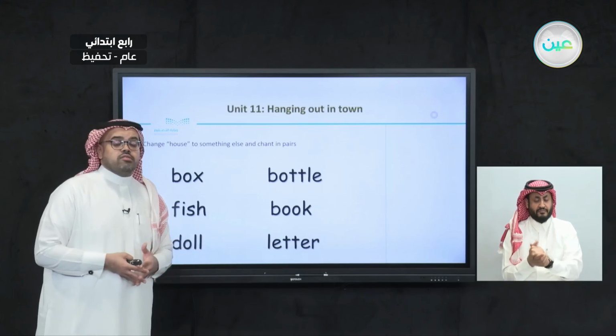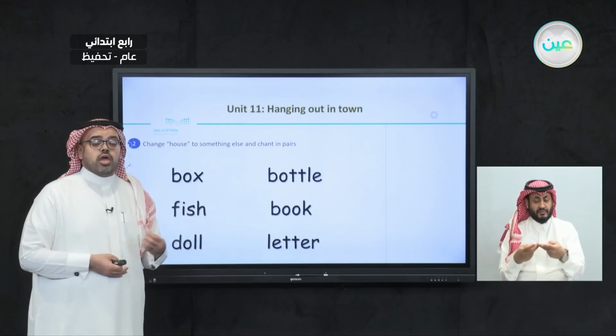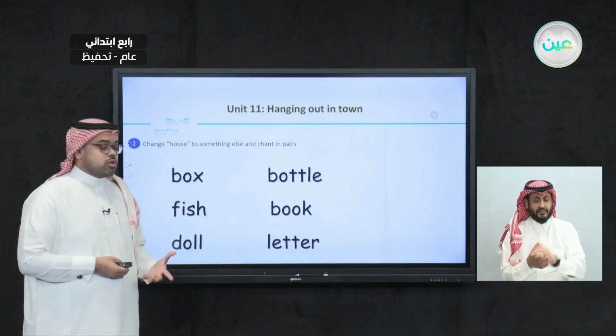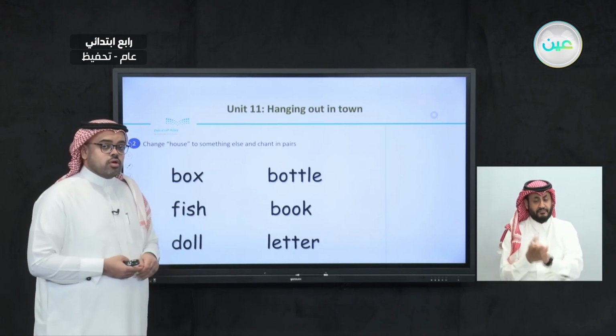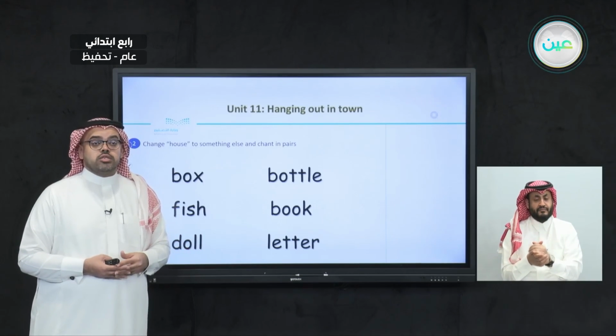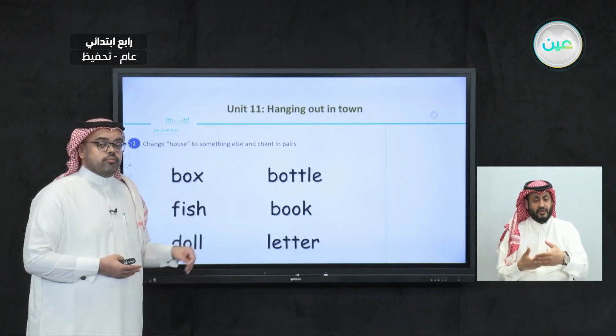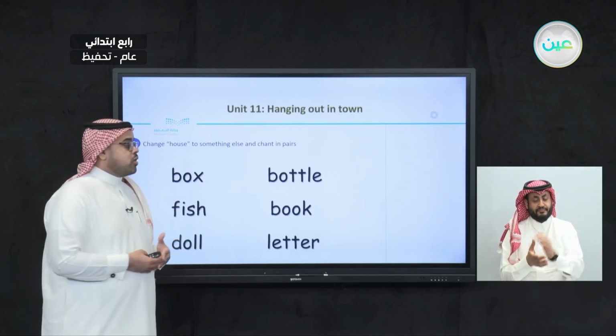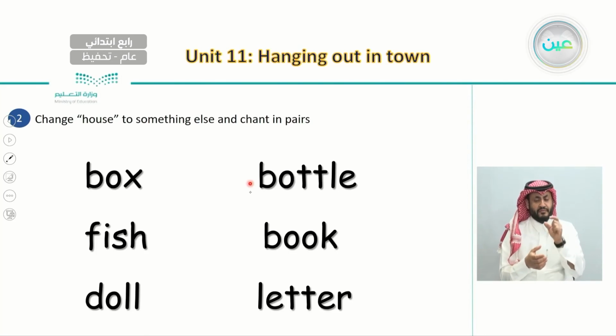Or we can chant there was a little green fish. Or we can say there was a little green doll. Or there was a little green bottle. Or there was a little green book, or there was a little green letter.